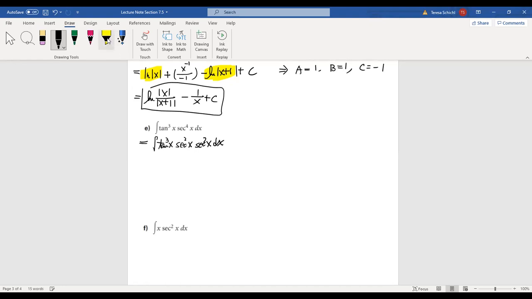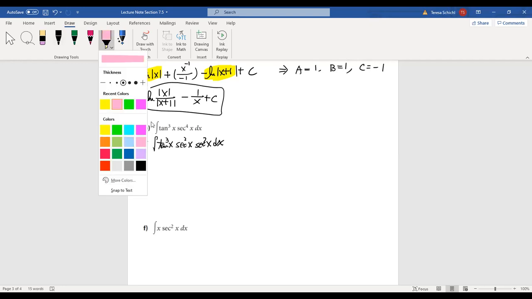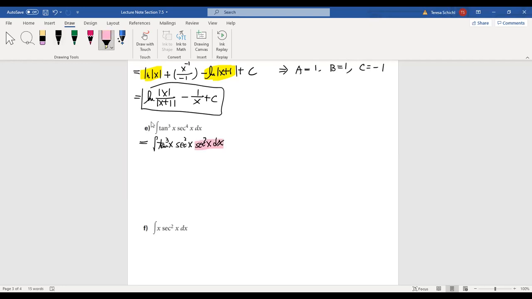The reason why you want to separate out this secant squared x is that I know secant squared x is the derivative of tangent. Secant squared also has an excellent relation with tangent, right? So I would say this is tangent cubed x, and secant squared is tangent squared x plus 1, times secant squared x dx. Right now, I can use u-substitution.